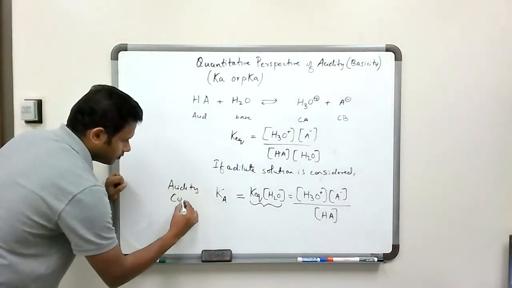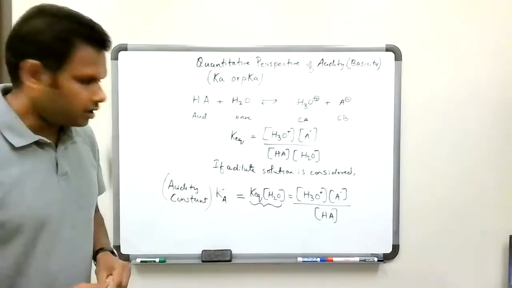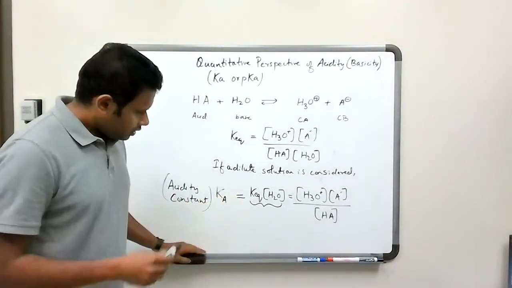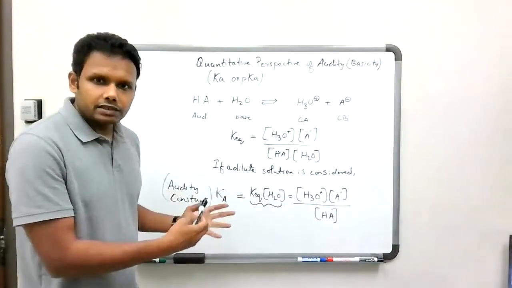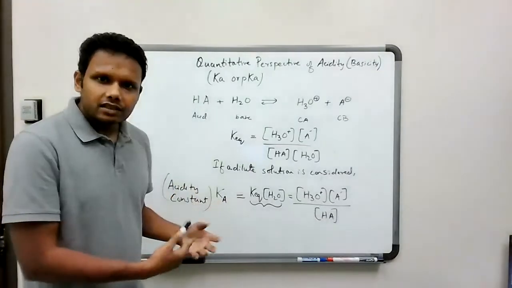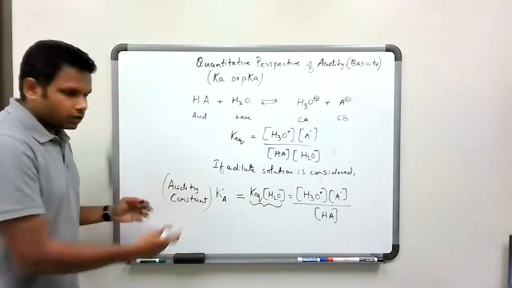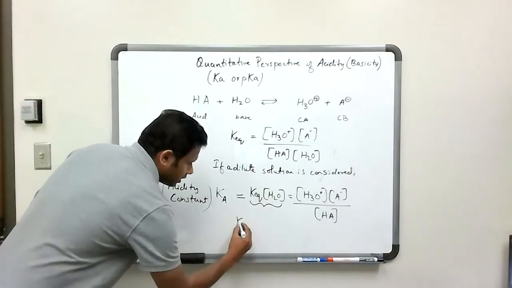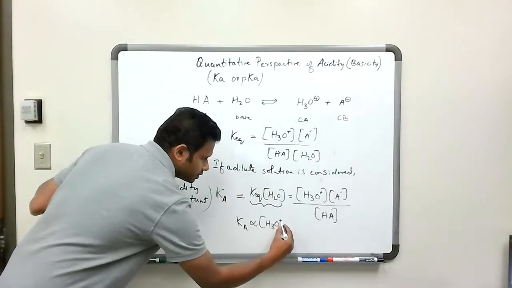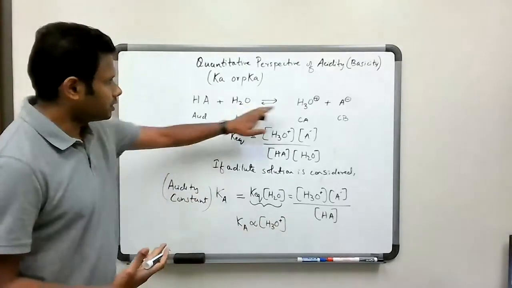So this is our acidity constant, the Ka. Now, if you don't think of this as a math equation, but try to derive a physical significance, what is this equation trying to tell me? I think it is telling me that Ka is directly proportional to the concentration of H3O plus, or protons, generated in this equation.